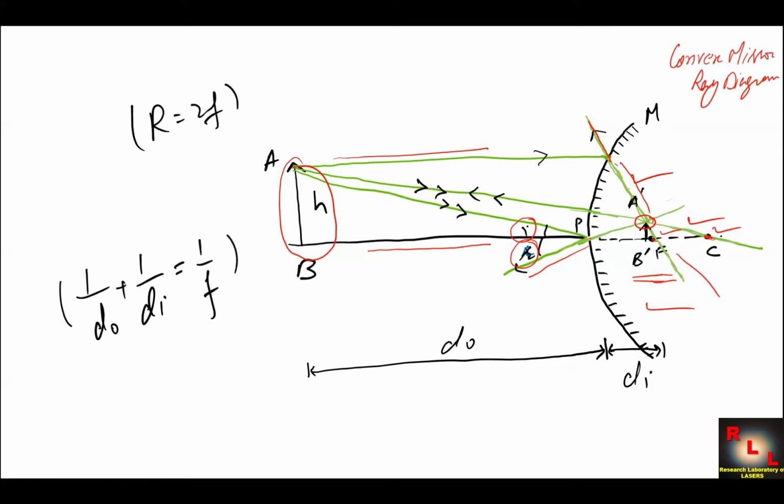If we extend this reflected one to the other side of the mirror, it should also pass through the same point where the other two lines intersect. So this is basically the point where the image is formed. We can find out the location of the image like this.